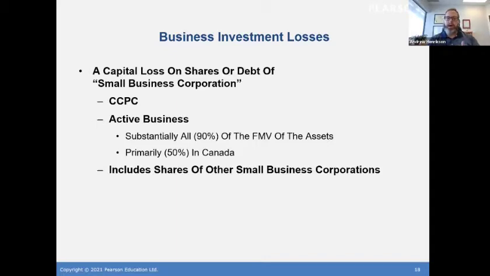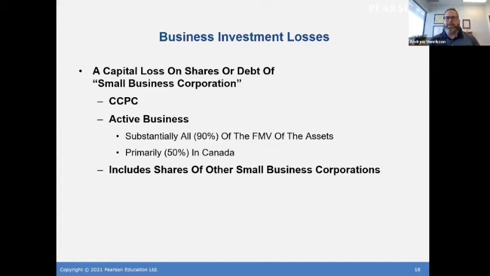You could also have a current year loss in your employment or your business. These losses could all be compiled with your other losses. We did our little formula, E minus F, and those different losses were fitting into there. Now we're actually adding another one.